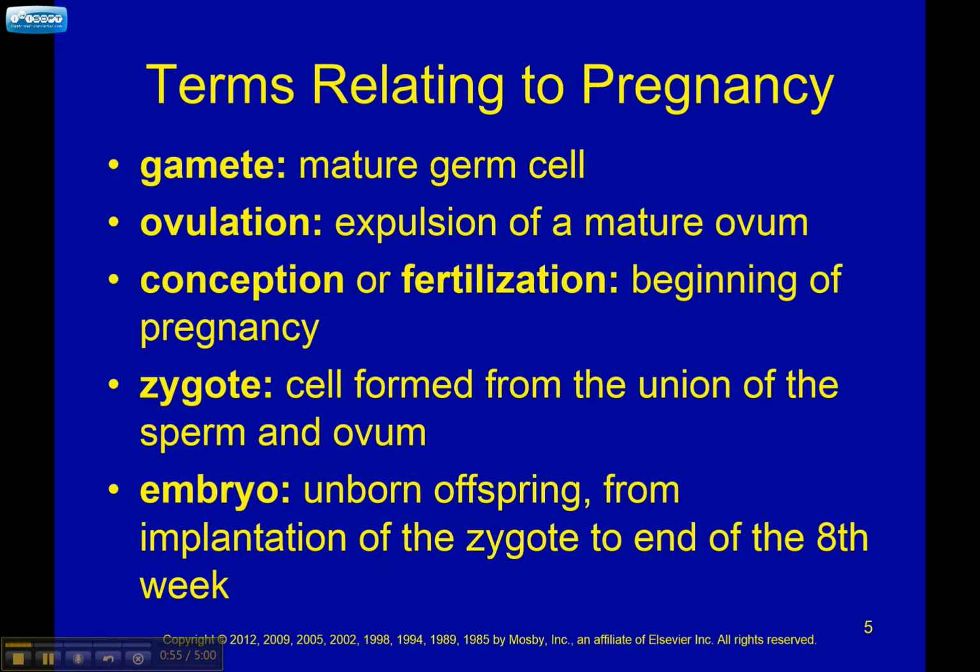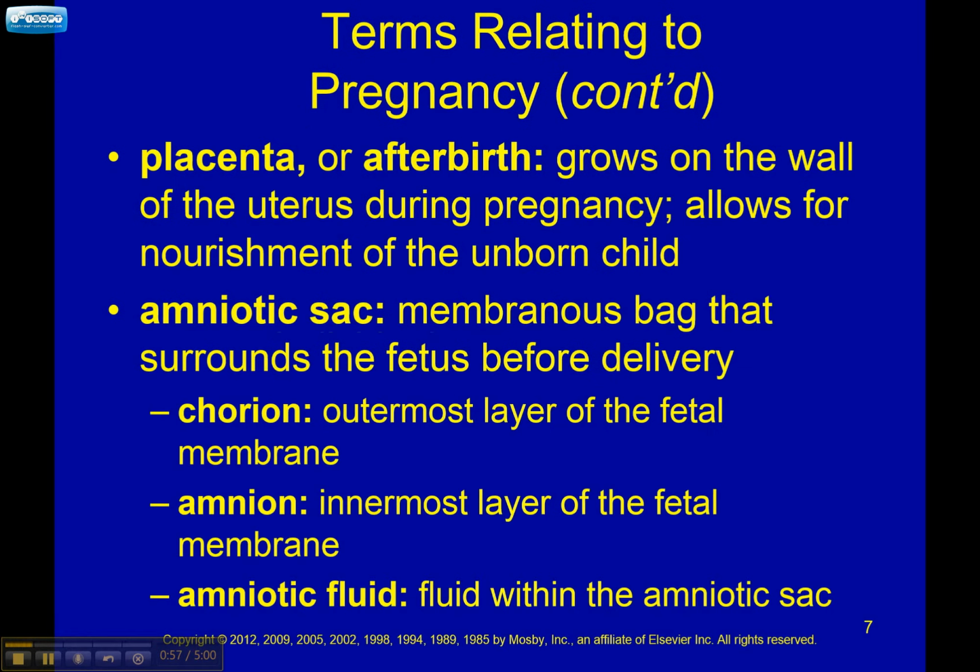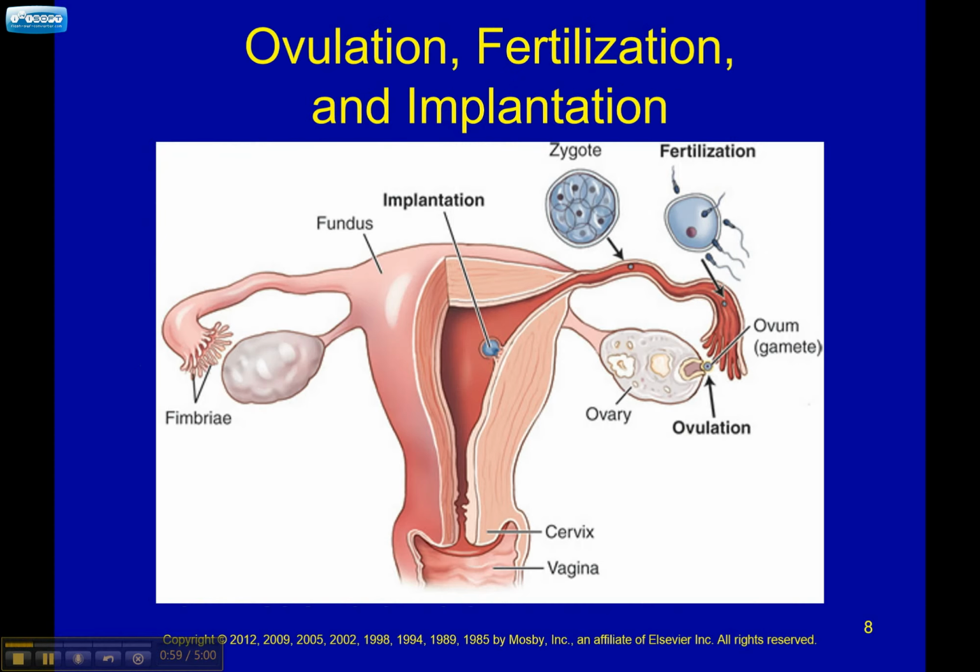These are all terms that I want to show you on this slide. Notice right here, we're going to discuss the whole process of how the pregnancy occurs. We've already learned about the ovary and the ovum and all of the parts of the actual female reproductive system. So this is more how it works in terms of fertilization and conception.